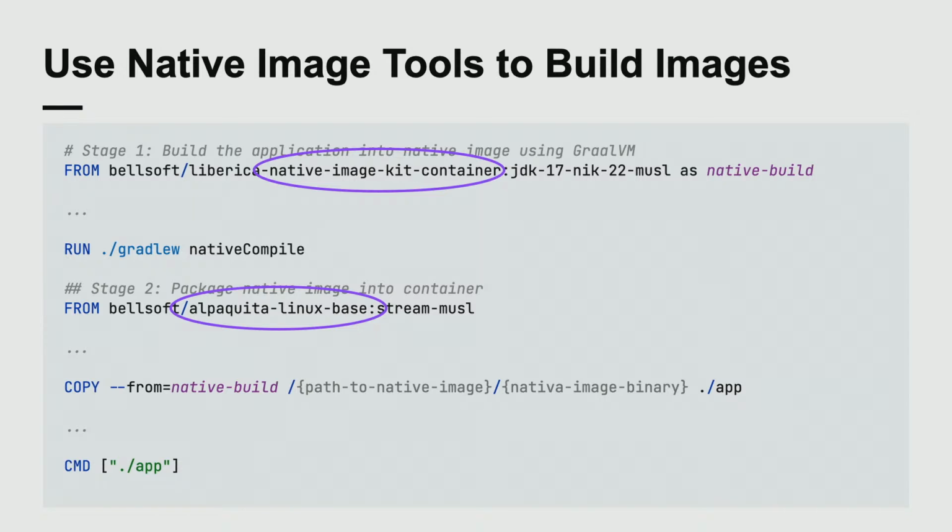With this build tool, we can use the nativeCompile Gradle task to compile your fat jar into a native binary. And in stage 2, we can use another smaller Linux distribution and just run your native binary. You just copy the binary from your previous stage and run it, so you don't need to use a JRE runtime.